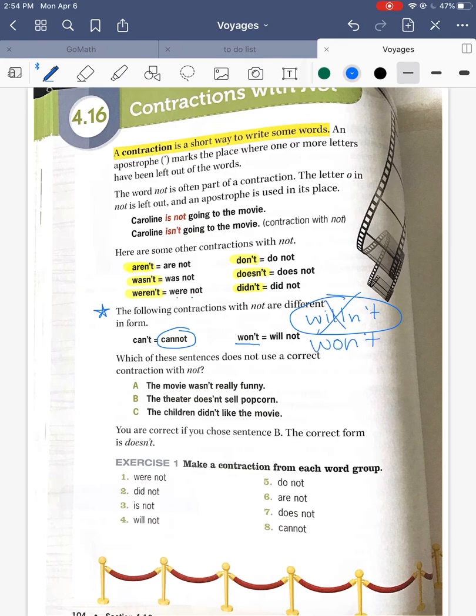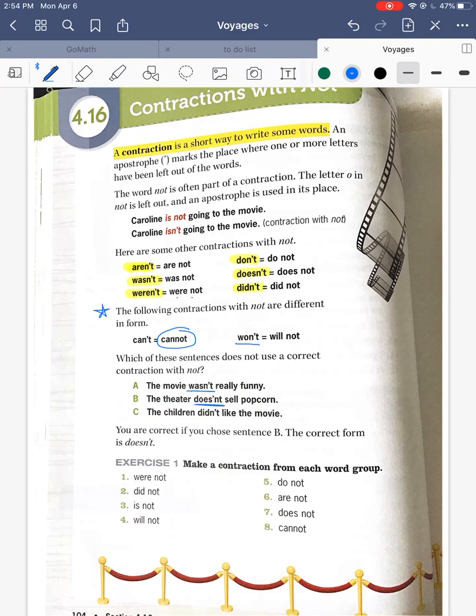Okay? Now, it asks, which of these sentences does not use a correct contraction with not? So let's read through the three sentences. The movie wasn't really funny. So wasn't is the contraction. The theater doesn't sell popcorn.